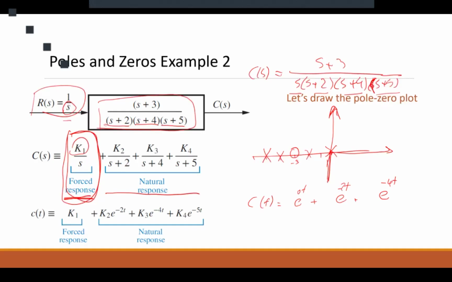Are we good? Plus another term related to this pole, which is e to the power of minus 5t.